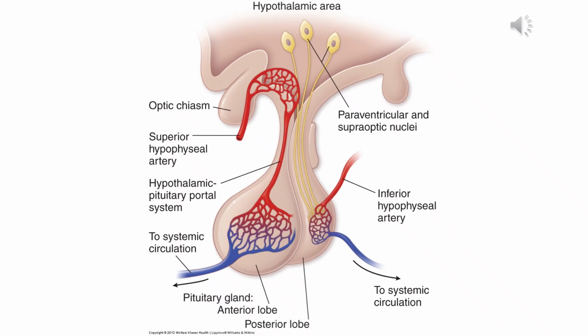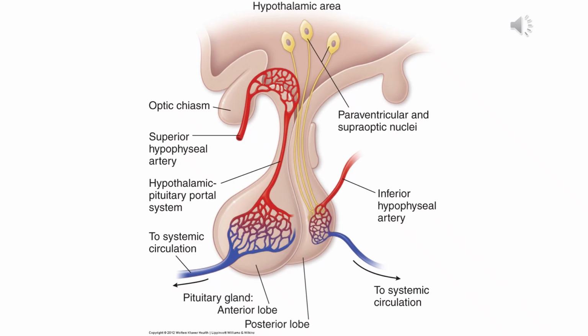On the left side of the illustration, we have a different design. Remember that the anterior pituitary gland is of a different embryologic origin than the posterior. So what we have here is called a portal system. A portal system is when you have a capillary bed that comes together to form a single vessel, which then breaks up into a second capillary bed. So you can see that we have a capillary bed in the hypothalamus.